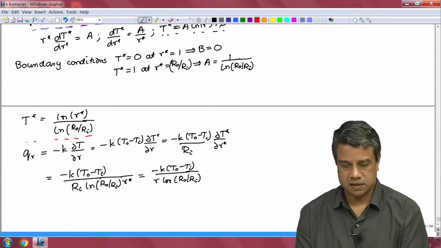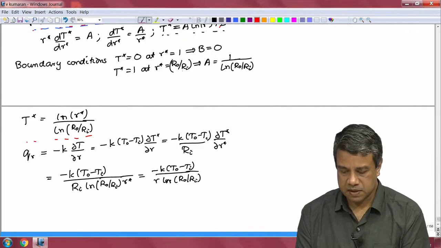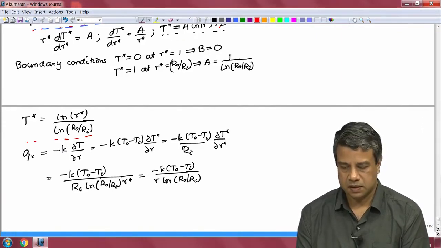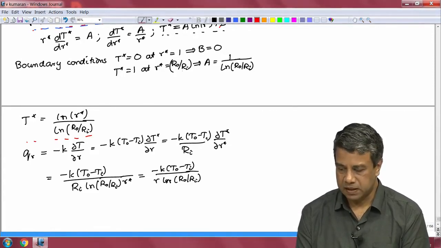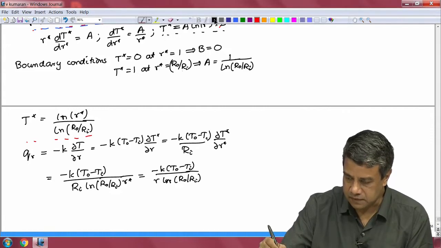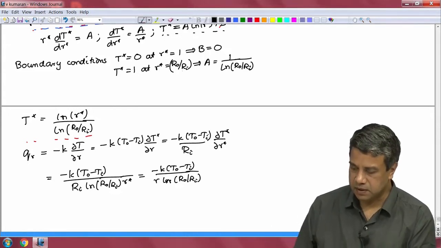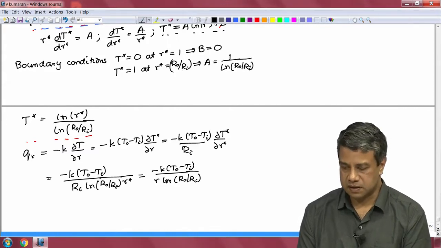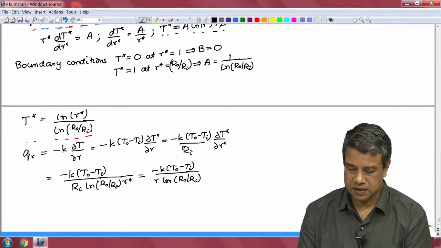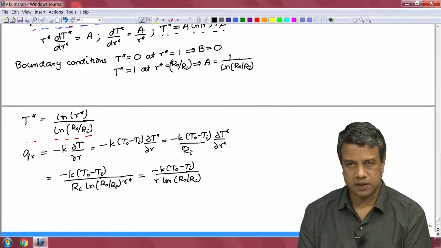The heat flux is minus k times partial T by partial r. Express T in terms of T star, express r in terms of r star. The scale for T is the difference in temperature between the inner and the outer radius. The scale for r is the inner radius, and therefore I get q r is equal to minus k times To minus Ti by Ri into log of Ro by Ri times r star.